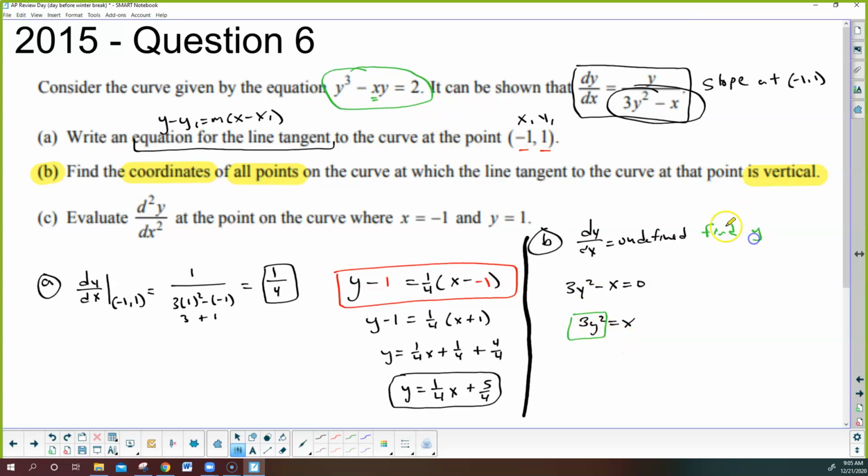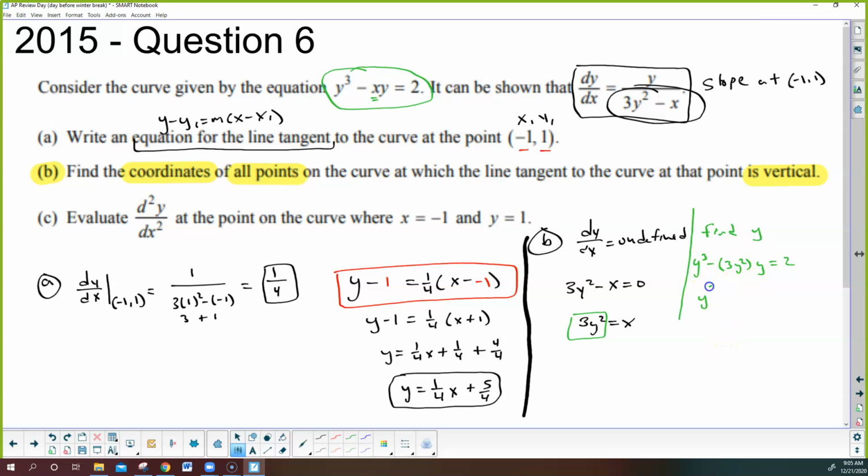So we're going to find y using this relationship. We're given in the original problem y to the third minus x times y, but instead of putting x, we're going to put 3y squared here. And then it's just algebra.